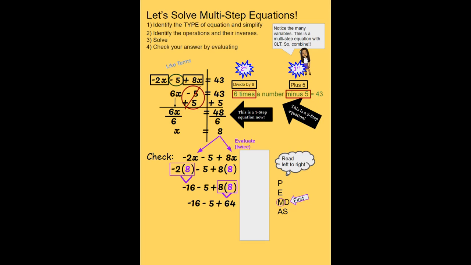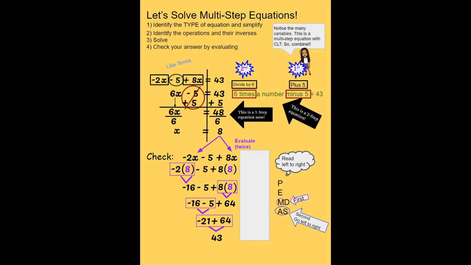Now that we only have subtraction and addition, we have to remember that we go left to right. Starting on the left, let's simplify. Negative 16 minus 5 equals negative 21 plus 64. Now let's add. Negative 21 plus 64 equals 43.